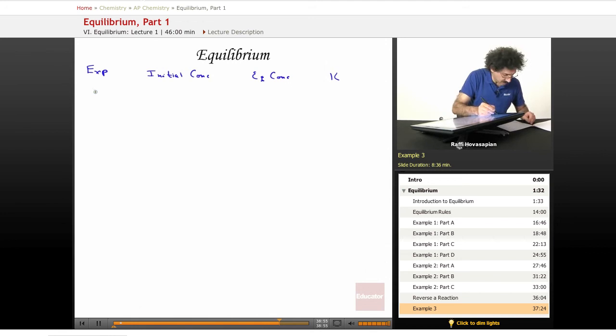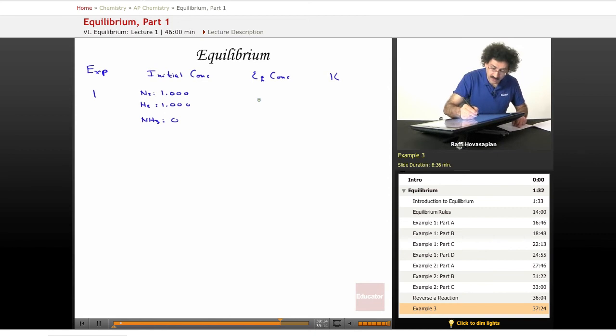So we have 3 experiments. In experiment one, the N2 concentration was 1.000, and of course concentration is in moles per liter. The H2 concentration is 1.000, and the NH3 concentration was 0.